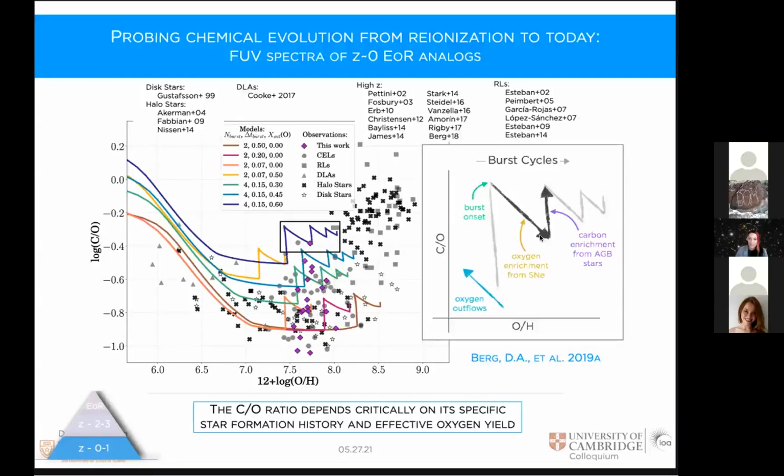And basically, it's really sensitive to this burst cycle. Oxygen is produced very quickly in these type 2 supernovae, and could then be preferentially blown out of the galaxy, compared to carbon, which can be produced in both massive and more intermediate mass stars and comes later. And so we can get this zigzaggy pattern.